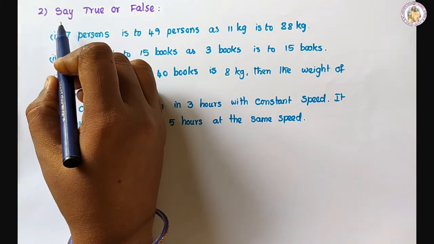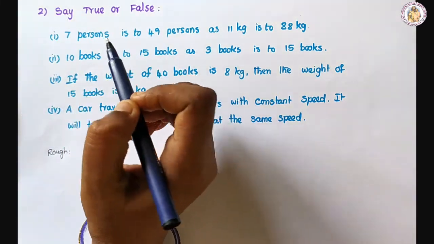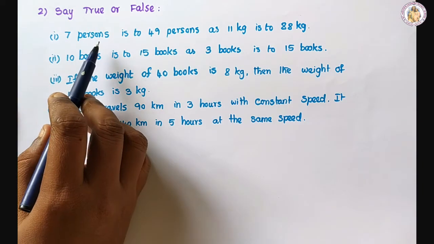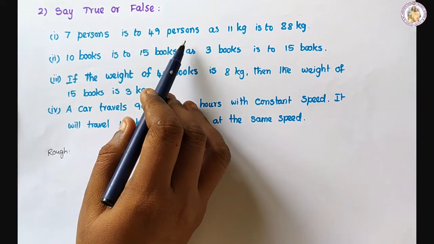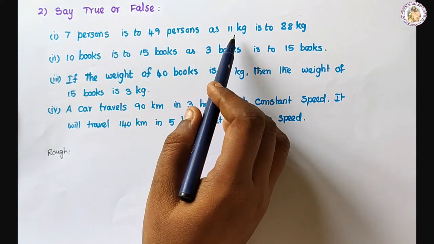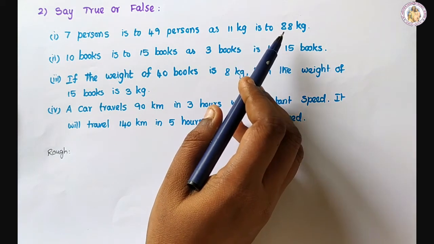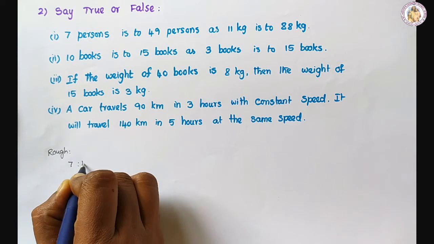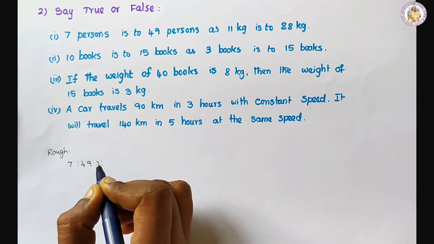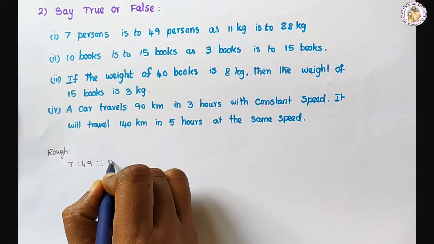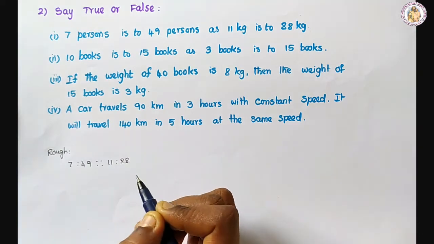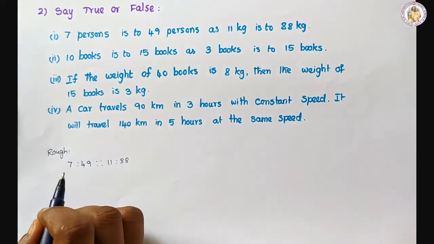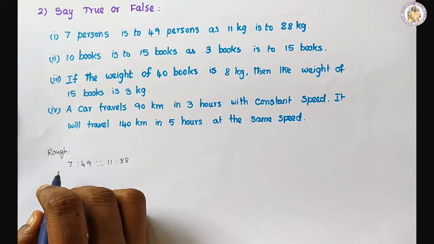Second question, say true or false. First one, 7 persons is to 49 persons as 11 kilogram is to 88 kilogram. Listen, 7 is to 49 as 11 is to 88. Check whether it is true or false.